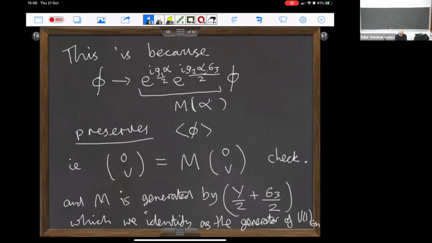Well, let's look at a particular SU2 times U1 transformation.